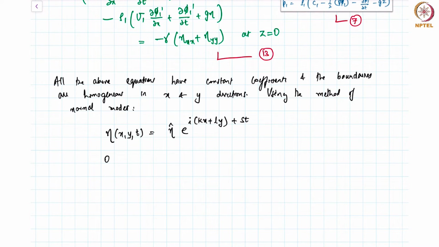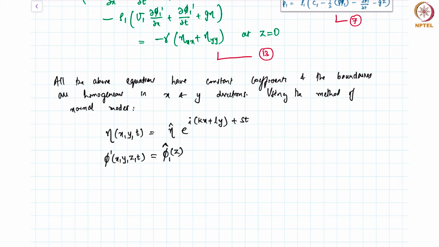And similarly, the perturbation quantity phi prime, which is a function of x, y, z and t, will simply be, we'll call it phi 1 hat. The hat indicates it's also a perturbation quantity. It's an amplitude or an eigenfunction.